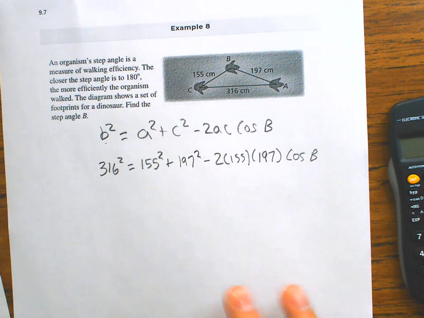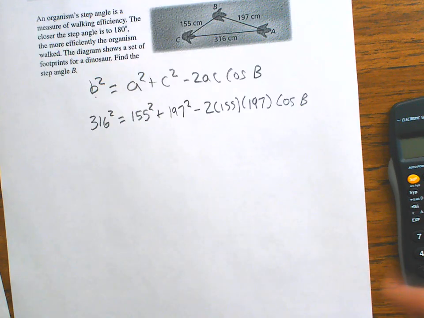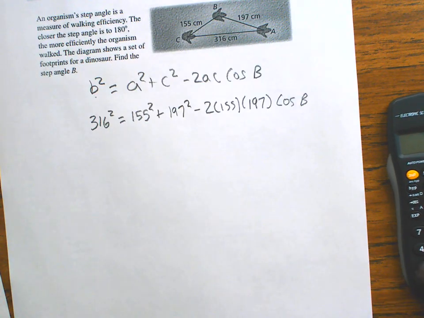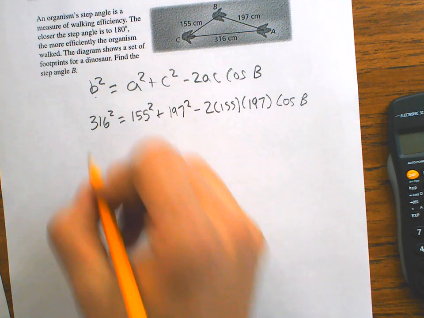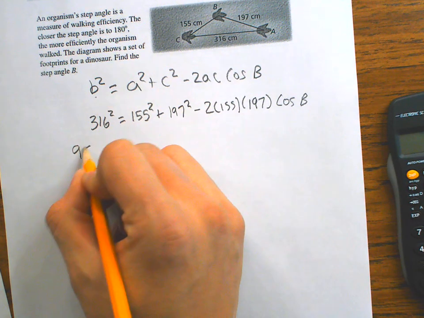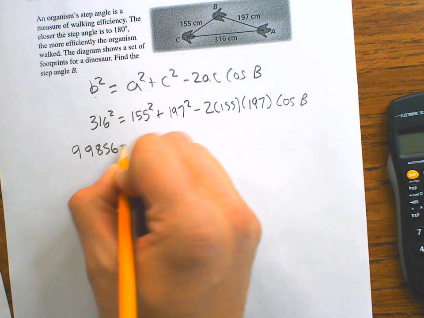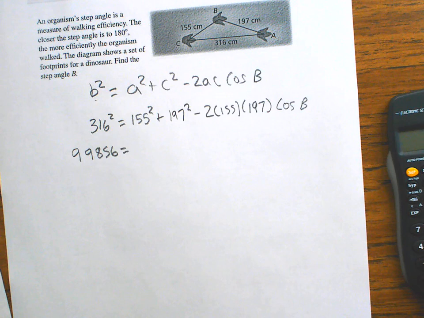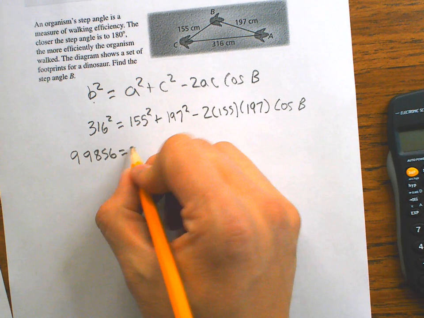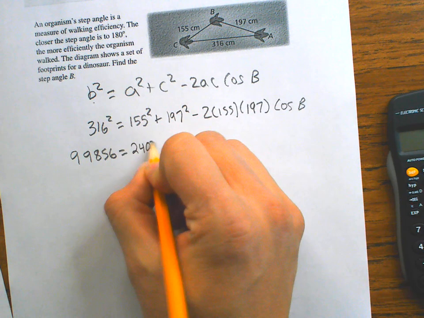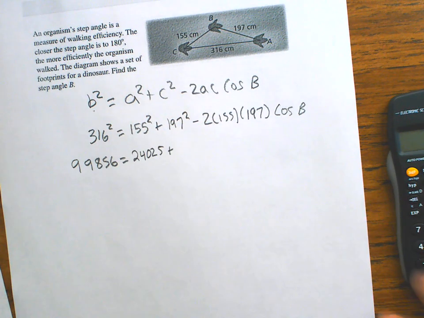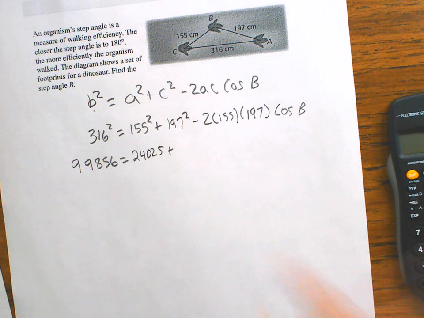All right, so let's get simplifying this. 316 squared, it's a big number, so give yourself enough space. 99856. Now I'm going to add 155 squared, okay, that is 24025 plus 197 squared.